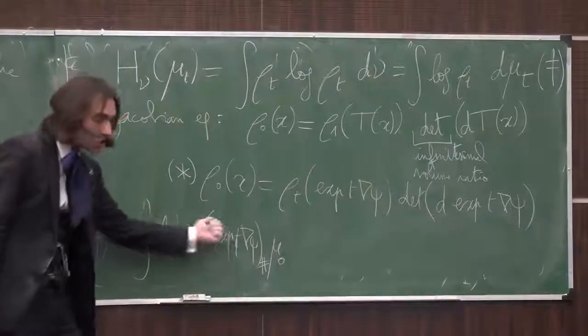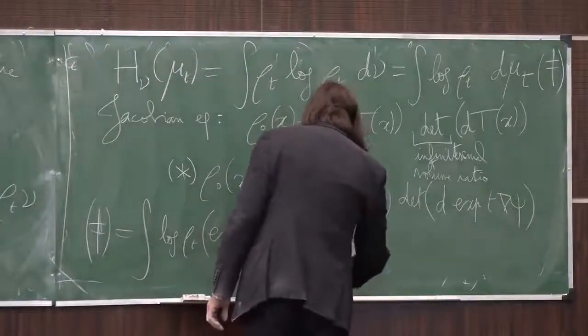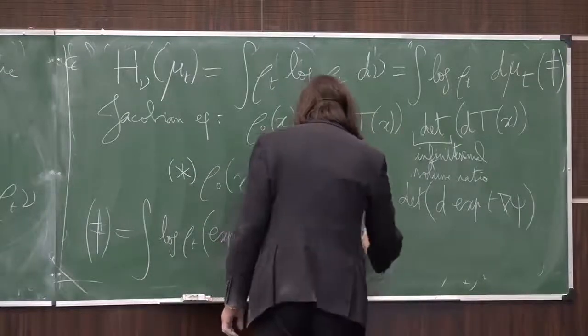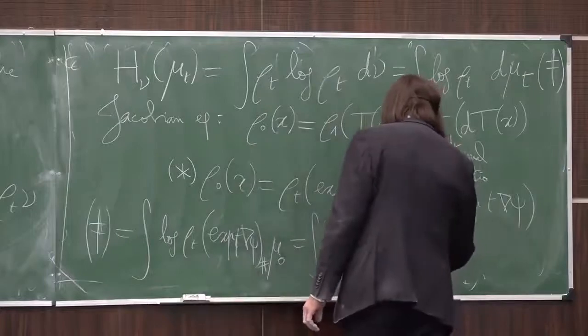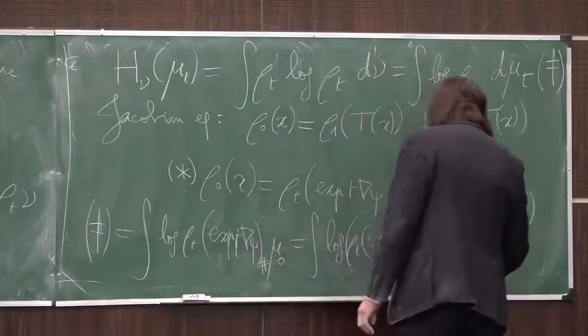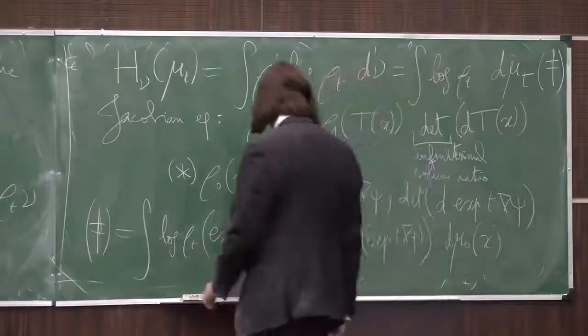And so I can change variables, and this will be the same as the integral of log rho t of exponential t grad psi, integrated against d mu 0 of x.